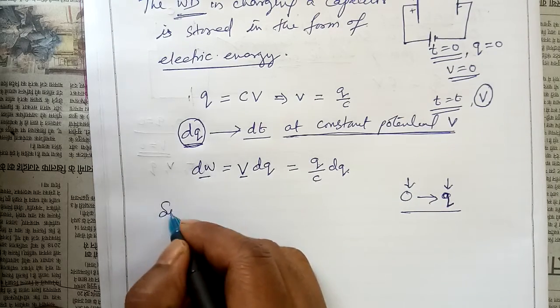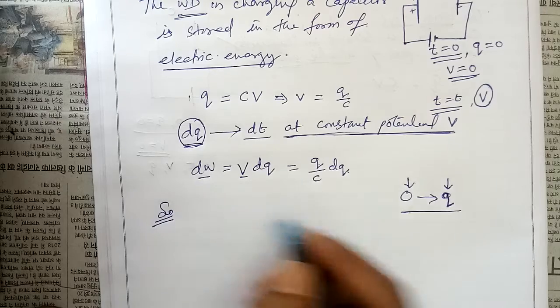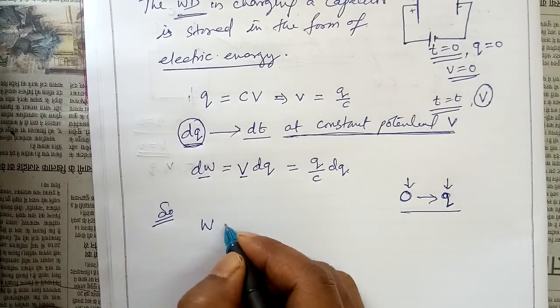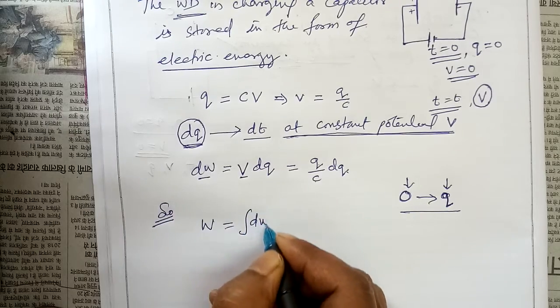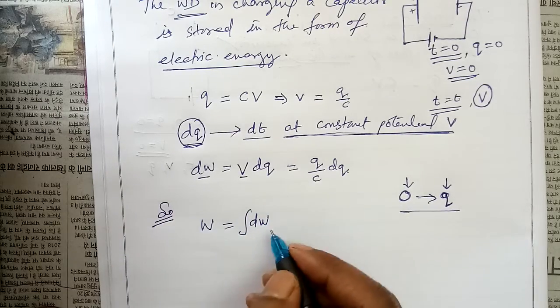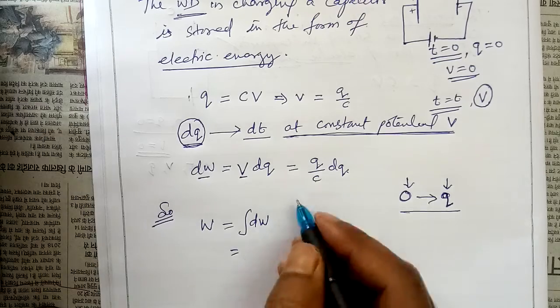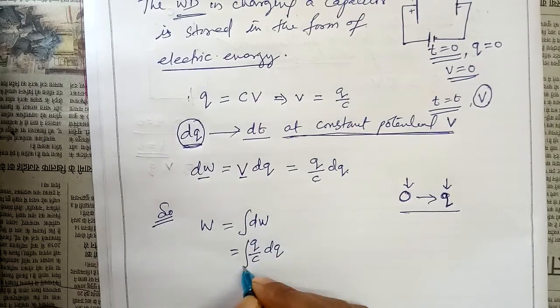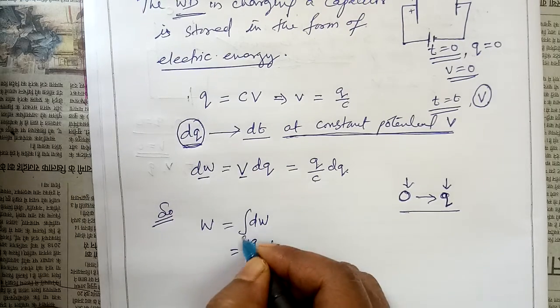So the total work done in charging the capacitor from 0 to q is given as W is equal to the integration of dW. From the above equation dW happens to be q by C dq, and the limits of integration will be from 0 to q.